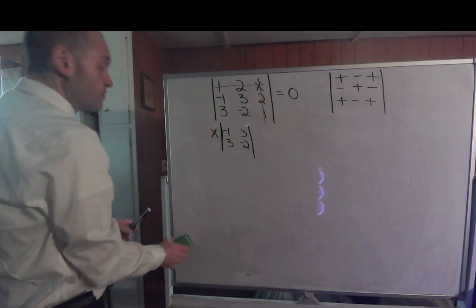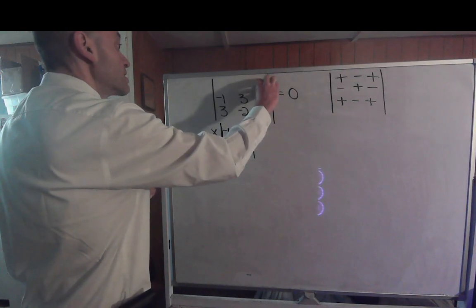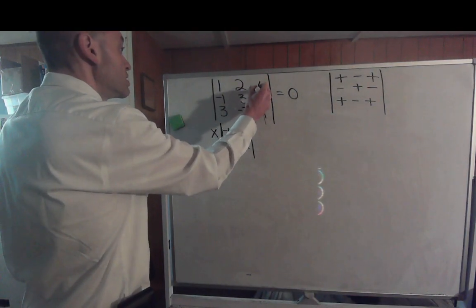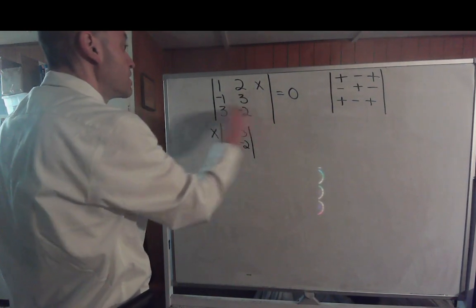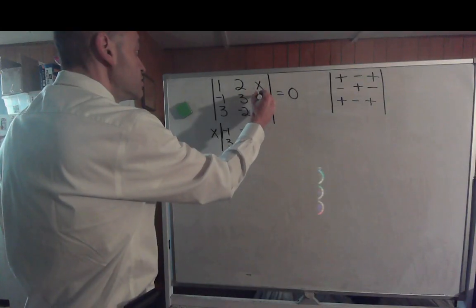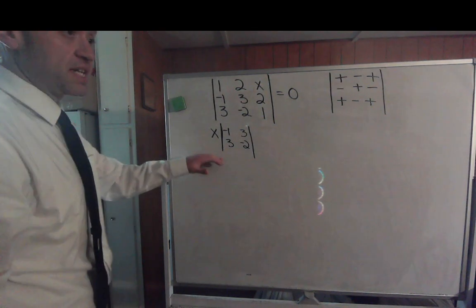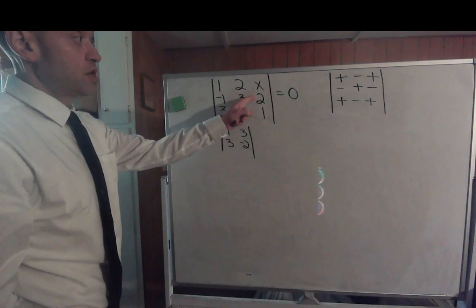Alright, so there's your first determinant. Then we have 1, 2x... Just going to have to rebuild this a little bit. Okay, we're sticking with the third column, so now we need to deal with that 2 coefficient.